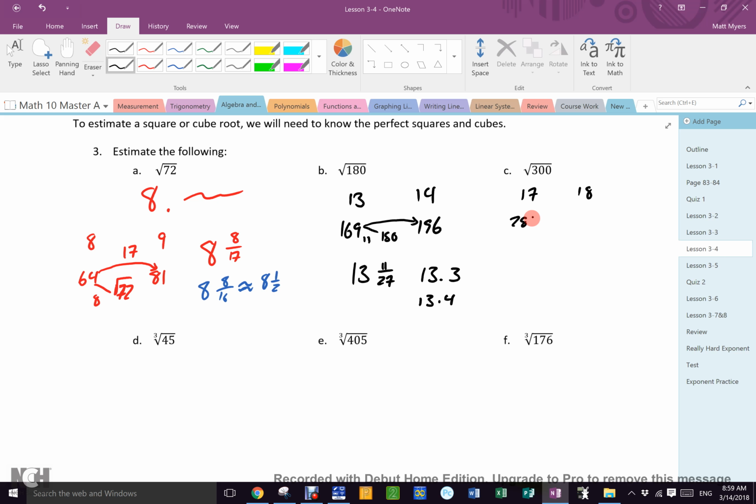What number on the bottom works well with 11 instead of 35? 33. That's pretty darn close, approximately 17 and 11 over 33, which is 17.3. Everybody cool?